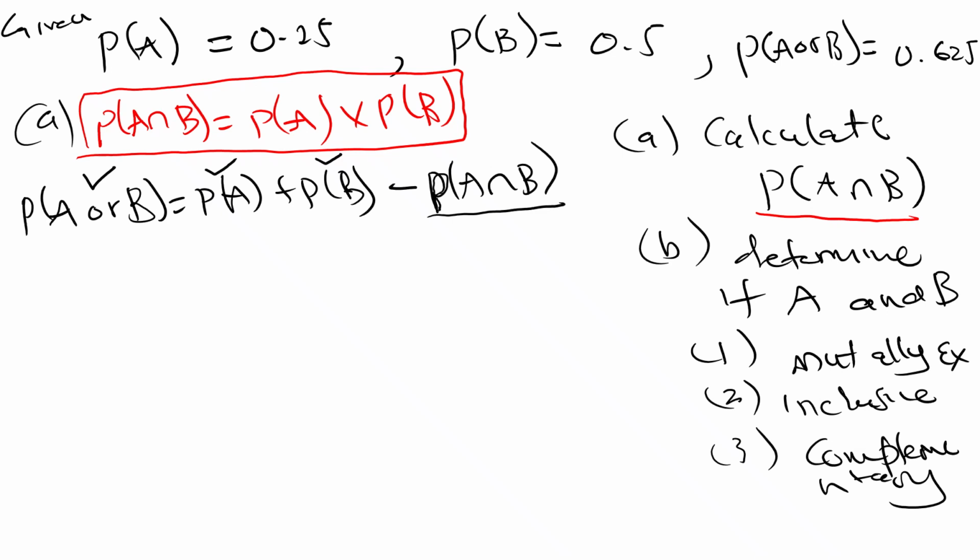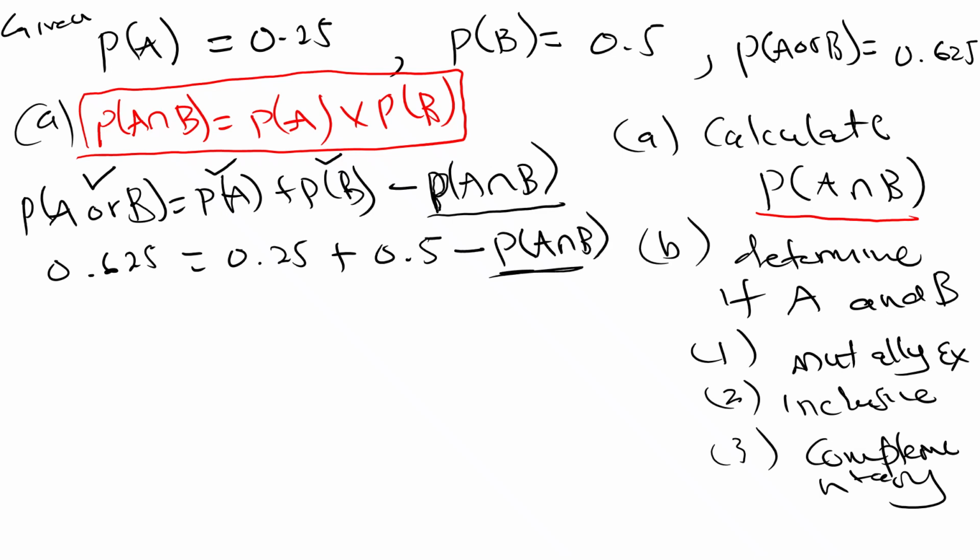So you have 0.625 is equal to the probability of A, 0.25, plus the probability of B, 0.5, subtract the probability of A and B, the one that you're looking for.